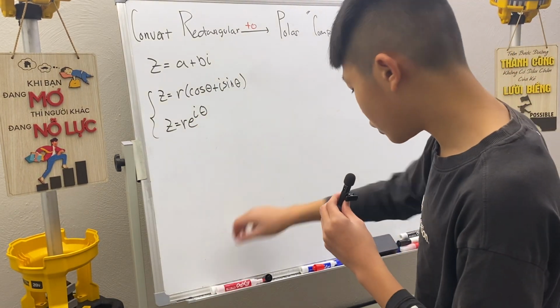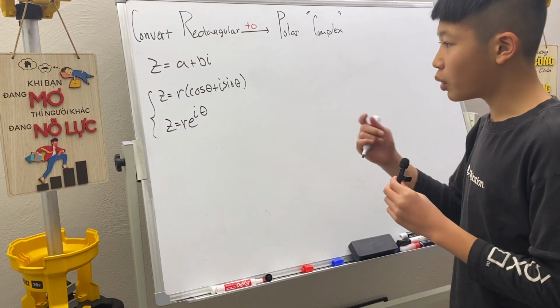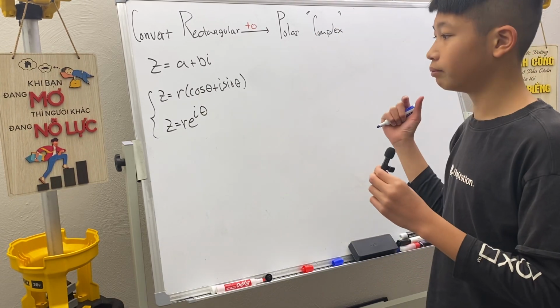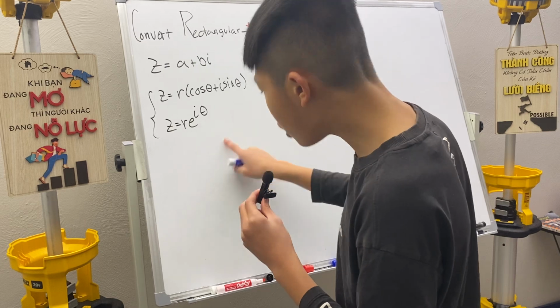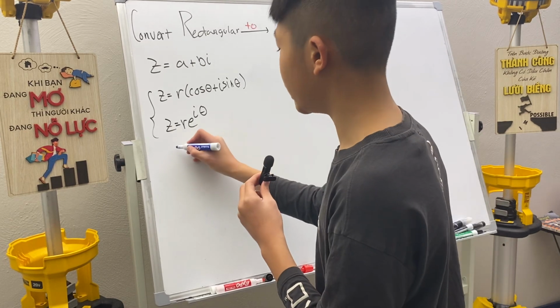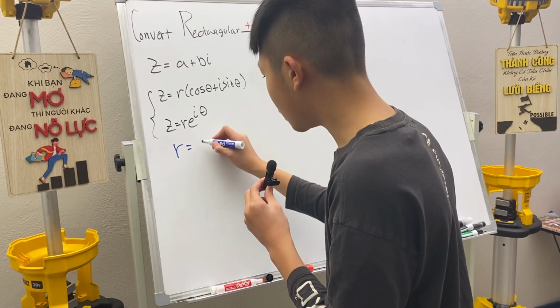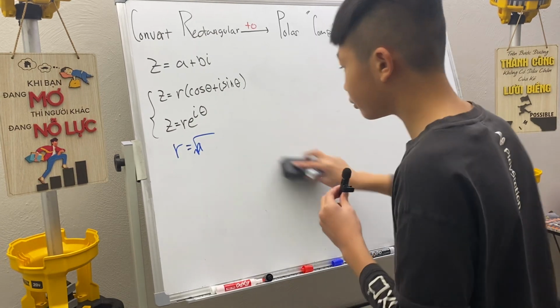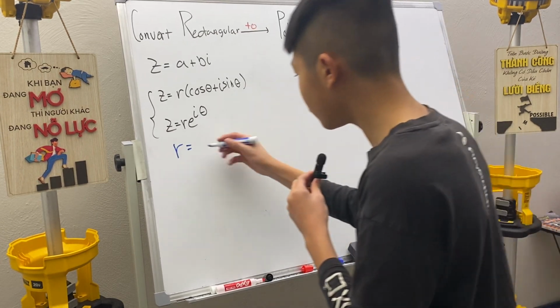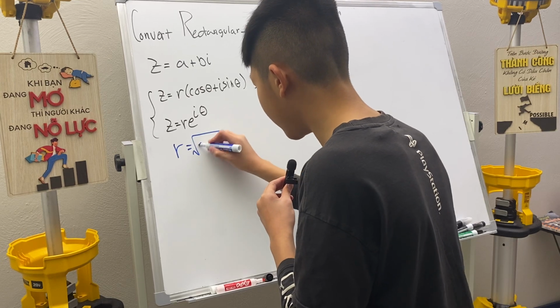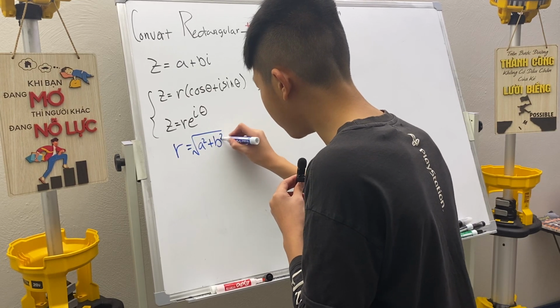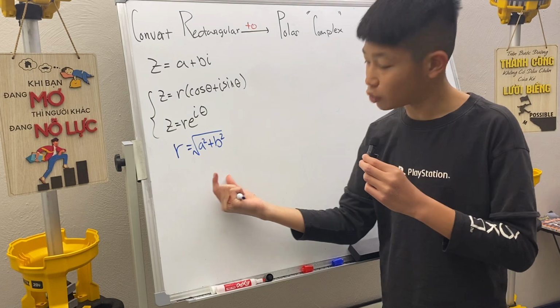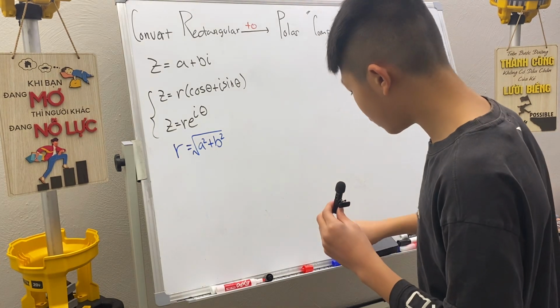But what is the formula to convert it? The radius is the square root of a squared plus b squared, so r squared equals a squared plus b squared.